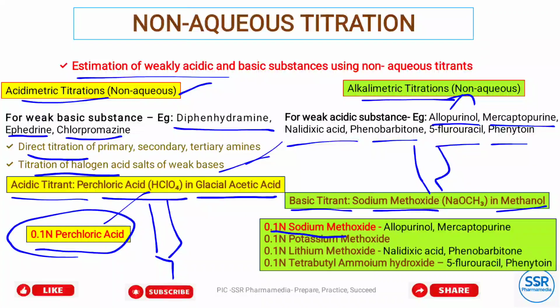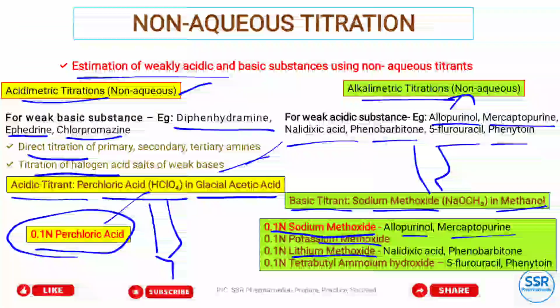0.1N sodium methoxide is used to determine allopurinol and mercaptopurine. 0.1N potassium methoxide may also be used, and 0.1N lithium methoxide is also used for nalidixic acid and phenobarbital. 0.1N tetrabutylammonium hydroxide is used for estimation of 5-fluorouracil and phenytoin.